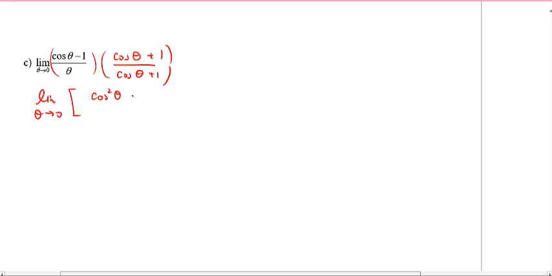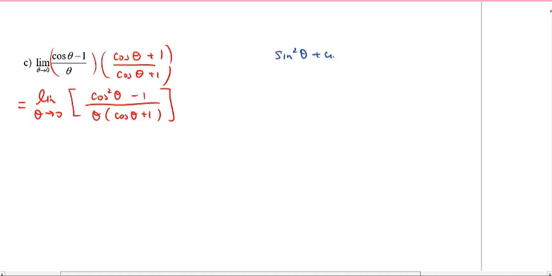So I hope that you can visualize this and think, I need to multiply this by the conjugate perhaps. And you're thinking, why would I do that? Let me show you, because if you do, you get cosine squared theta minus 1 in the numerator. And I will just leave the denominator as is.